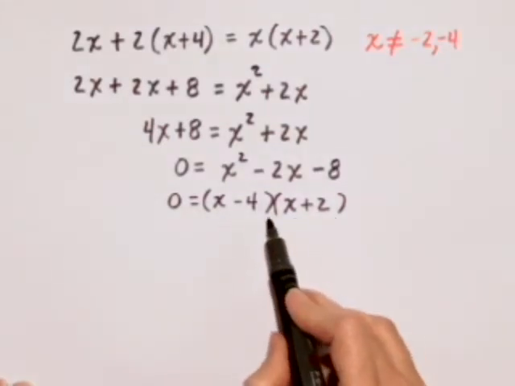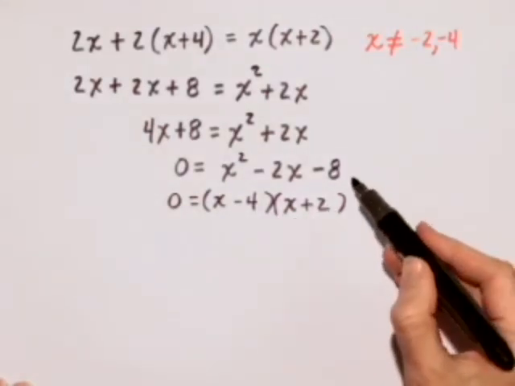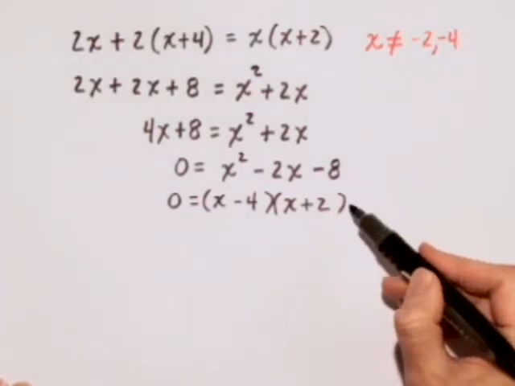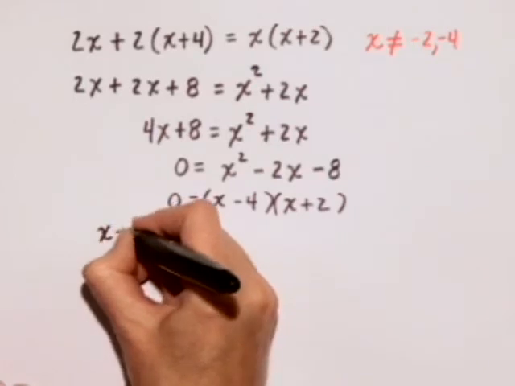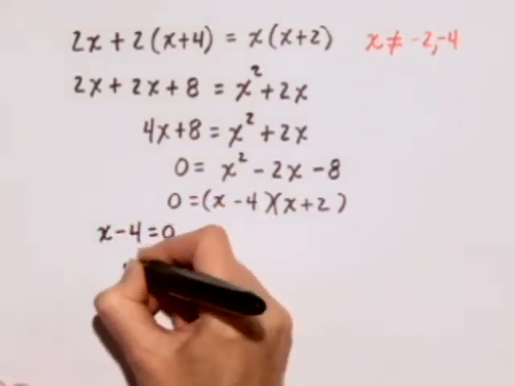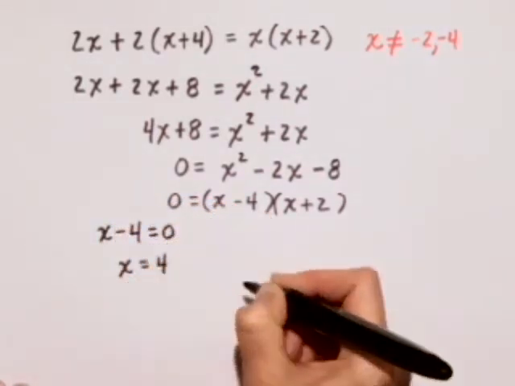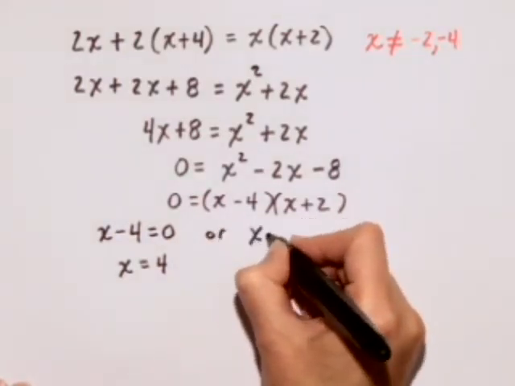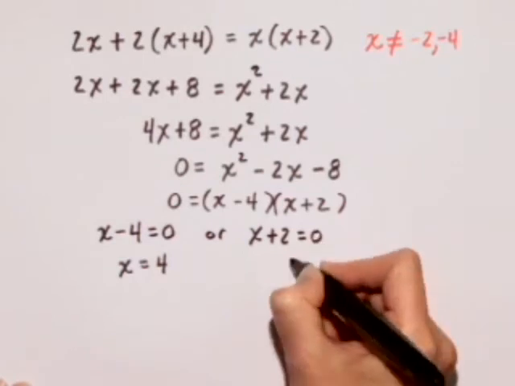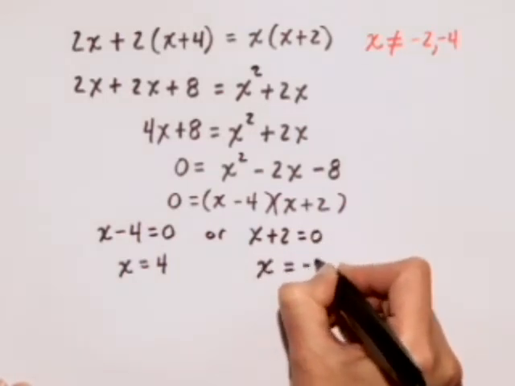It's always a good idea, once you factor, to check to make sure that you factored it properly. So we now set each of these factors equal to 0. If I set x minus 4 equal to 0, I'll get the solution x is equal to 4. Or if I set x plus 2 equal to 0, I'll get the solution that x is equal to negative 2.